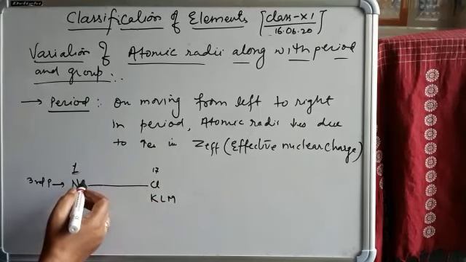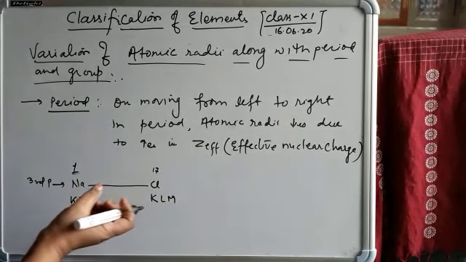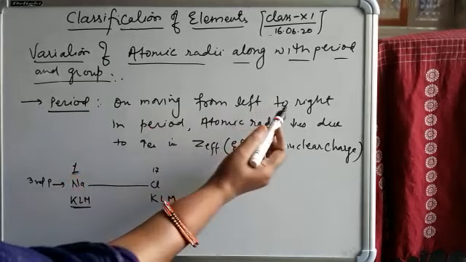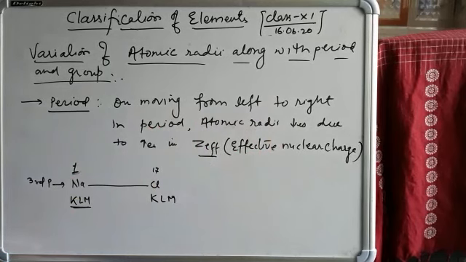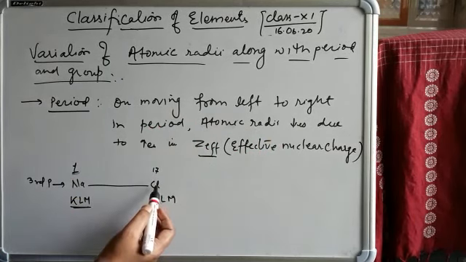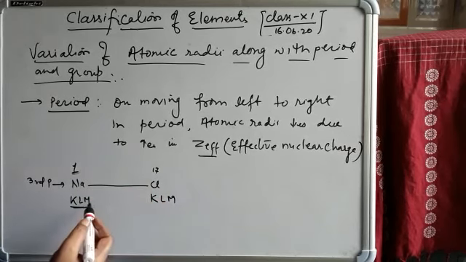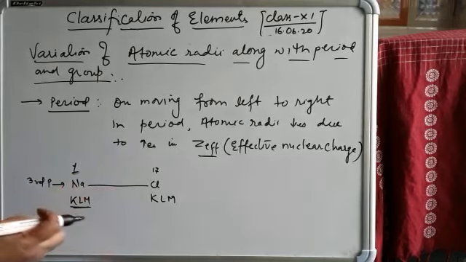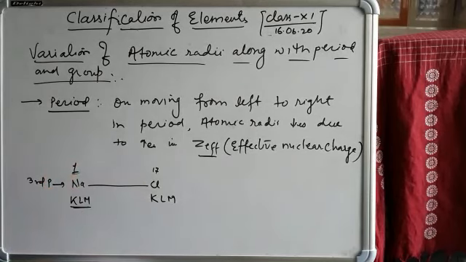So the large number of protons strongly pulls the electrons towards itself. So we can say that when we move from left to right in a period, effective nuclear charge increases. That is the reason for decreasing the size of elements, because electrons enter the same shell and the number of protons increases. So the large number of protons strongly pulls the valence electrons towards itself, and the size of atom shrinks or decreases.